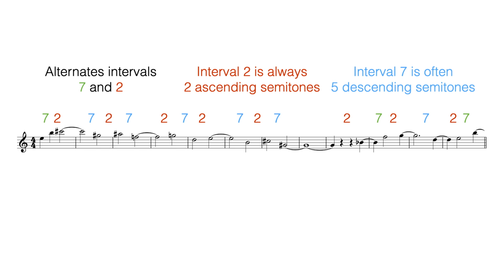Then up 2 to A sharp, then down 5, up 2 again, 4 more times. Then alternating up 7, up 2, down 5, up 2, and one final up 7.